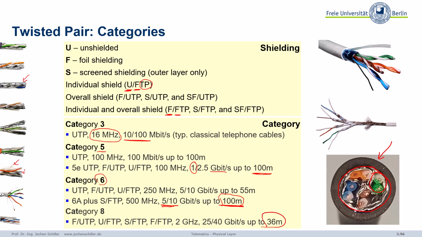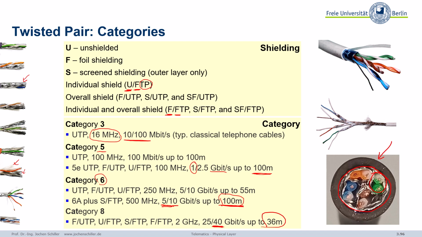So this is not for larger installations, but if you connect racks in compute centers, then you can go with copper wires. So this is not fiber optics, but copper wires, up to 40 gigabit per second. That's one of the standards, 40 gigabit Ethernet, and then you can use these copper wires. We will come to fiber optics.